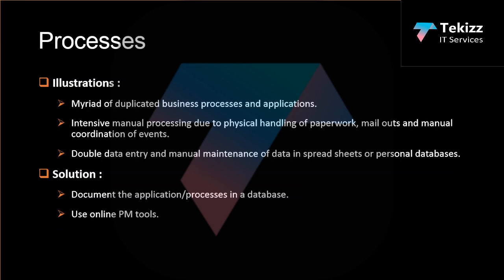We can use online PM tools and prepare a way to reduce the data entry efforts. We can also use online cloud storage. If we were earlier using Excel, we can move to Google Sheets. That way, if any duplication happens, we can get to know.